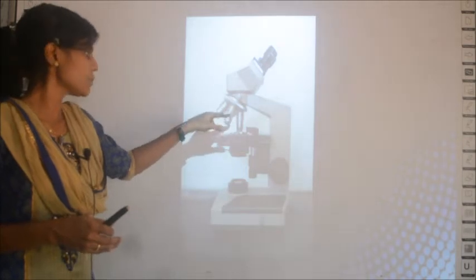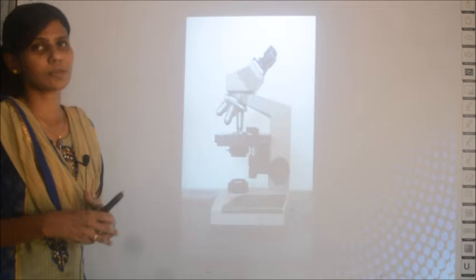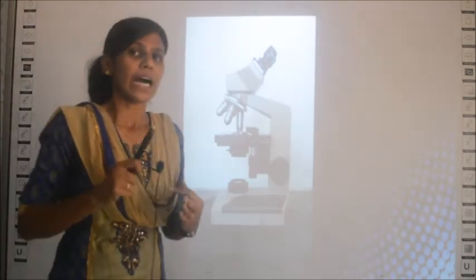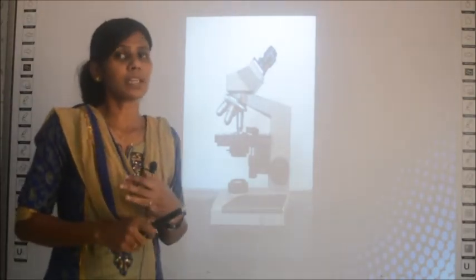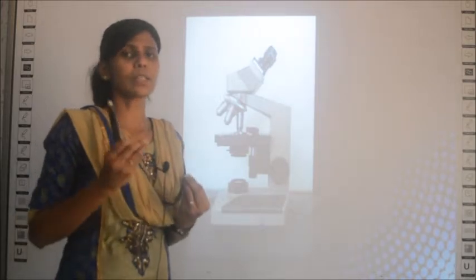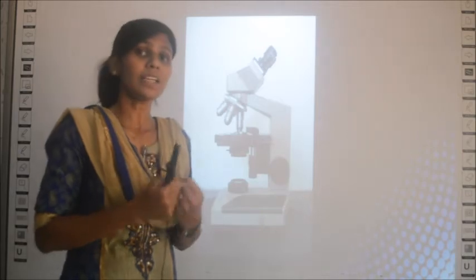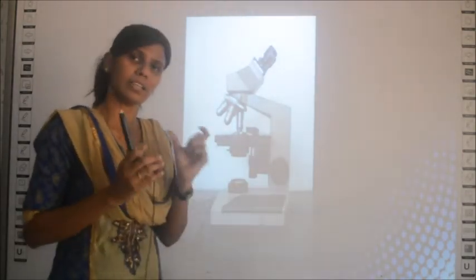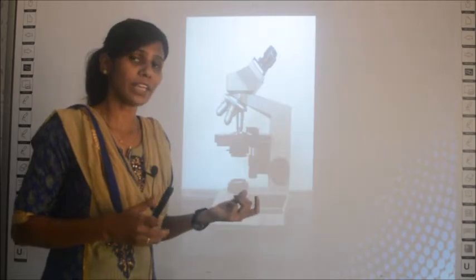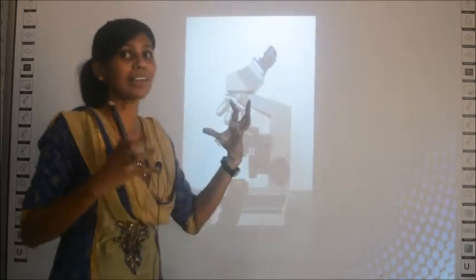There are three objective lenses: 10x, 45x and 100x. 10x means it will show the onion cells 10 times bigger than the original size; x refers to the actual size. 45x means the cells will appear 45 times bigger, and 100x means 100 times larger.